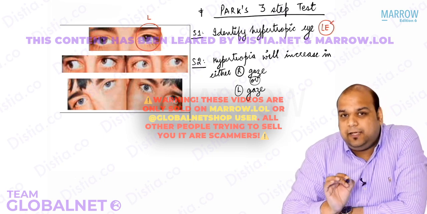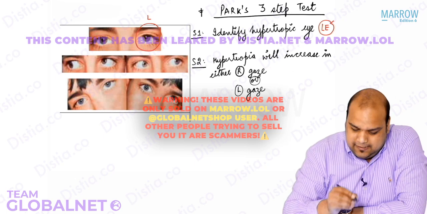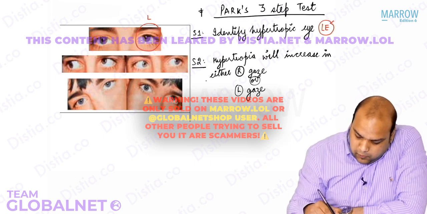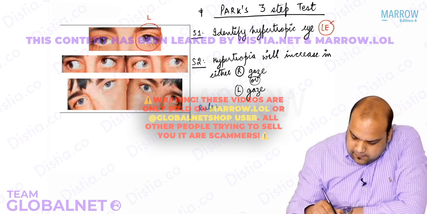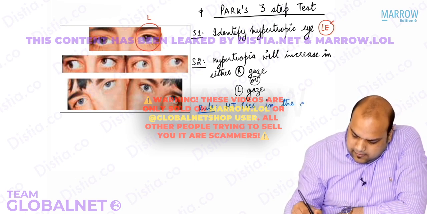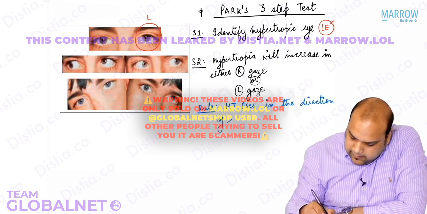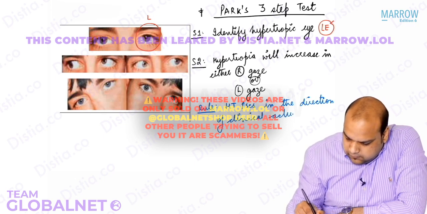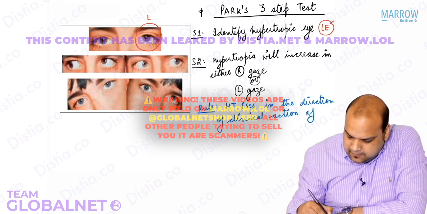In any one of the gazes, the hypertropia will increase. The rule for step 2 is: hypertropia increases in the direction of clinical action of the paralyzed muscle.